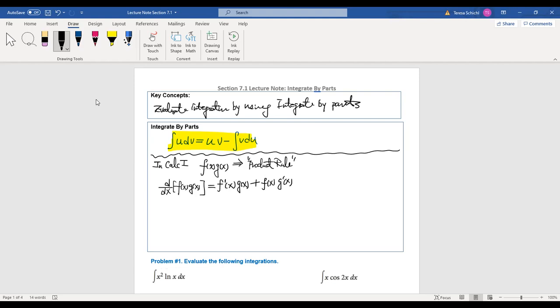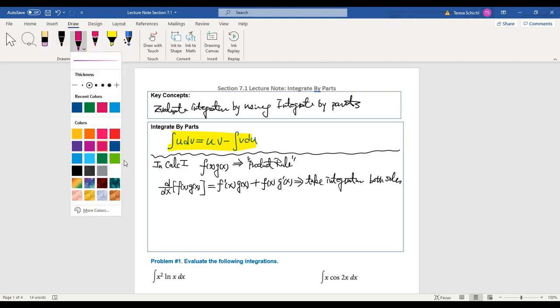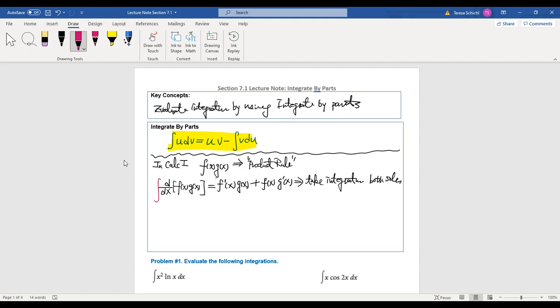Now let's put it back. I'm going to take the integration of both sides. That means I'm going to take the integral here, here, and here, right?